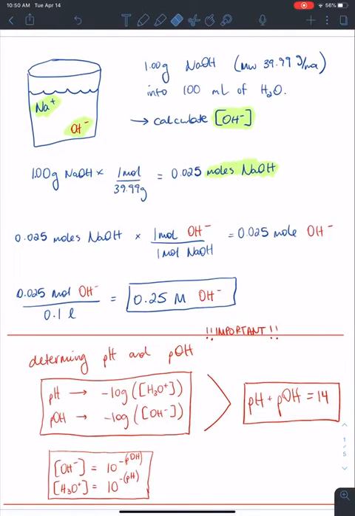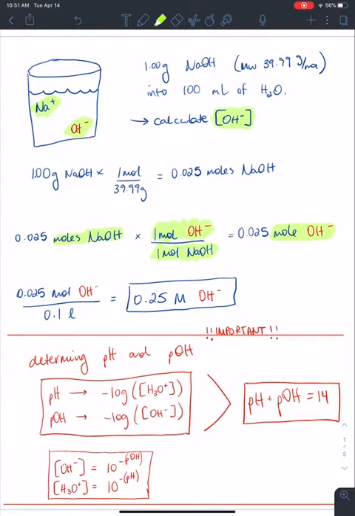So what does that mean for us mathematically? What that means is that for getting from moles of sodium hydroxide to moles of hydroxide, there's a simple relationship. For every mole of sodium hydroxide that you have, you will also have a mole of hydroxide ions.